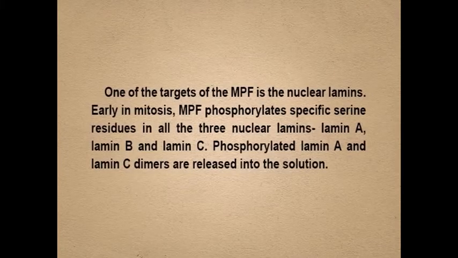One of the targets of the MPF is the nuclear lamins. Early in mitosis, MPF phosphorylates specific serine residues in all the three nuclear lamins, lamin A, lamin B, and lamin C. Phosphorylated lamin A and lamin C dimers are released into the solution.